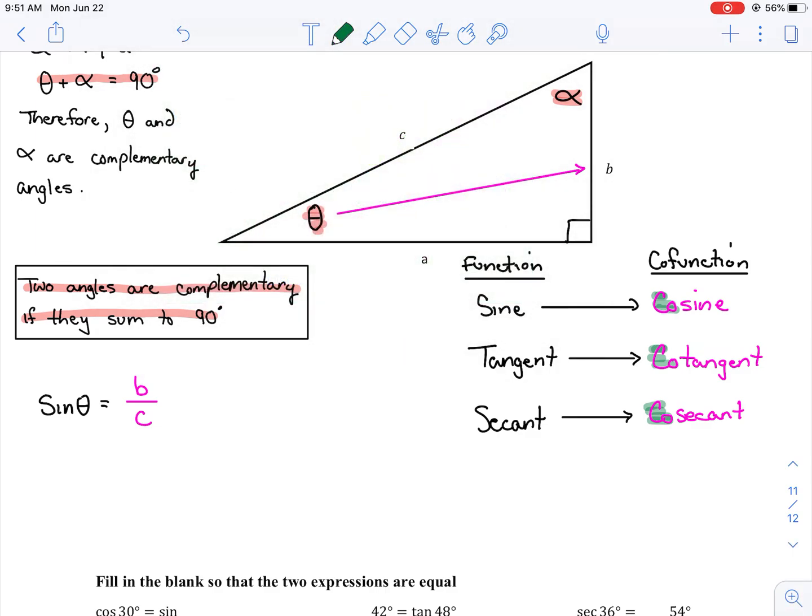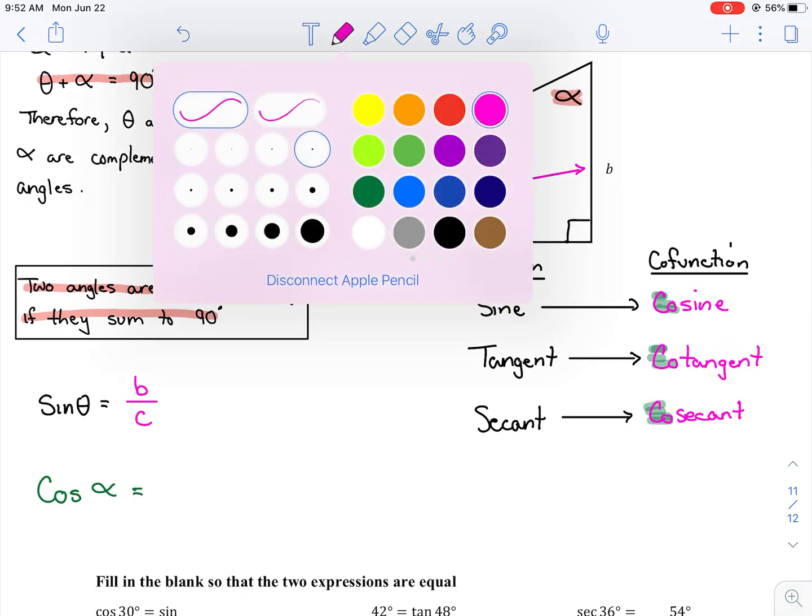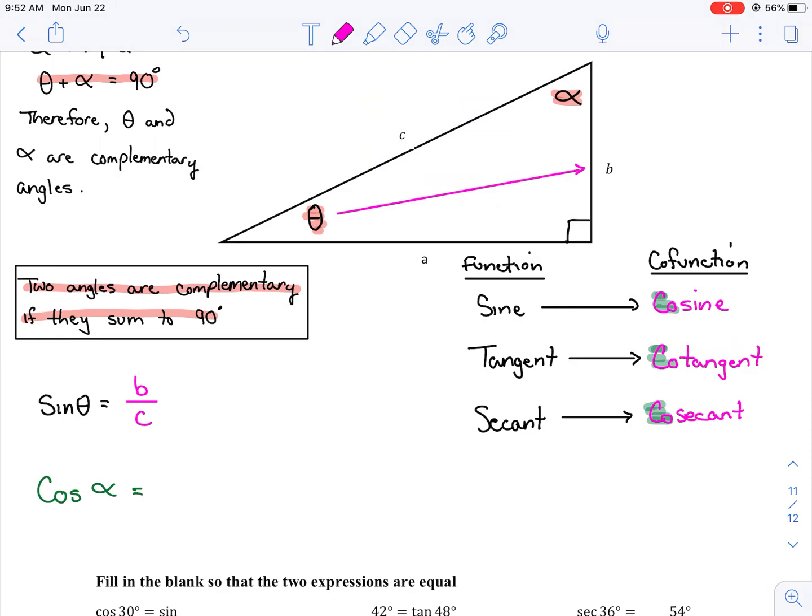Now the cofunction for sine is cosine. So I want to look at cosine. And the complementary angle for theta is alpha, so I want to figure out the cosine of alpha. Cosine is the adjacent side to the hypotenuse.